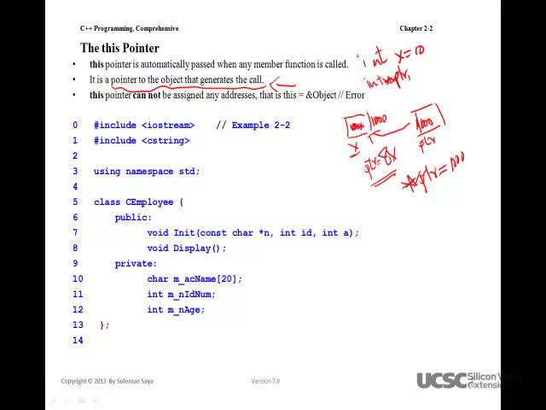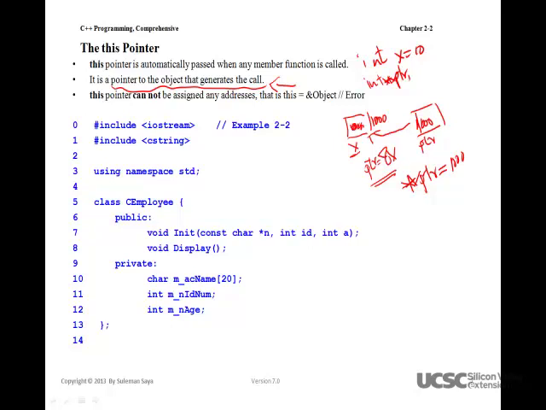At line numbers 7 and 8 I have two member functions, init and display. Init is taking three parameters: a character constant and two integer type parameters, and the display function is taking no parameters. Now remember, the way we have written it, there are no parameters for display.